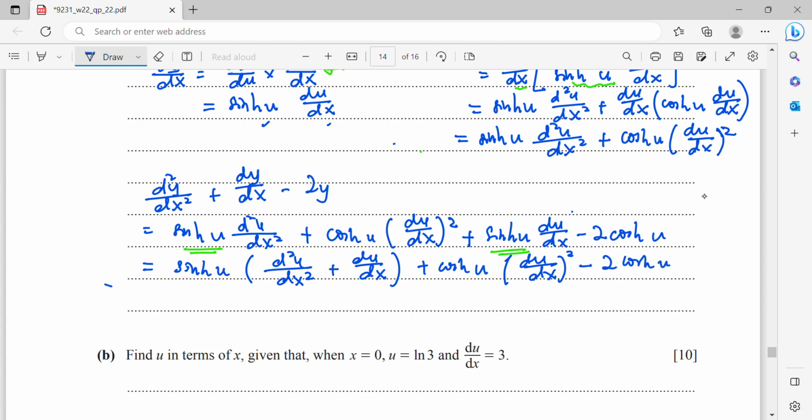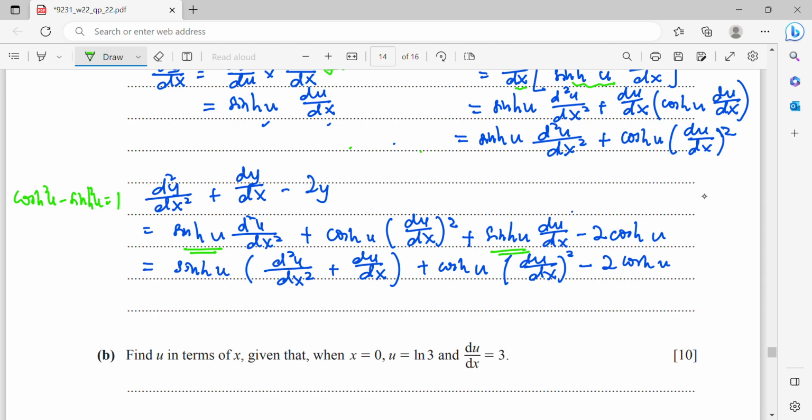So you know the identity cos²u minus sin²u is 1. Okay, I will just write using a different color. So cos²u minus sin²u is 1.